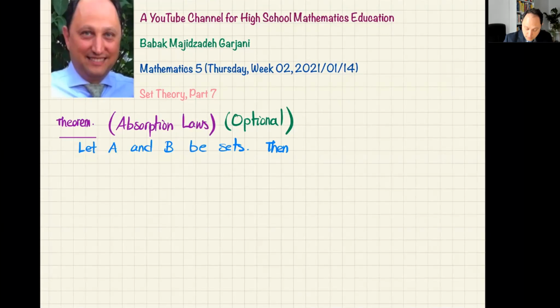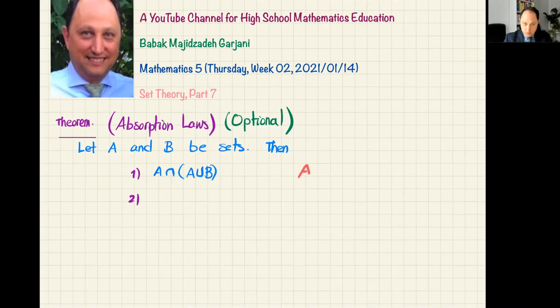So one of them is this: A intersection (A union B). So you see, it is very similar to distributive law, but in distributive law, I have three different sets: A intersection (B union C).